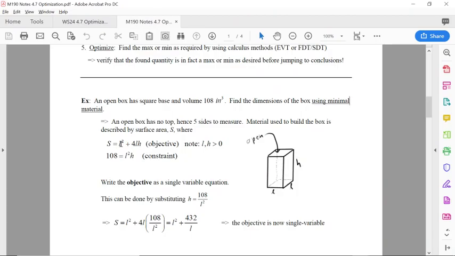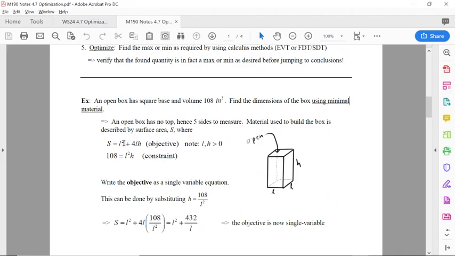So if we had a different cost for the base as we did for the walls or the sides, then we could construct a cost function based off of our surface area function. And that cost function would take whatever the base's area is, L squared is the area of the base, and multiply that by the cost of the base per square unit of area. In this case, the dimensions are all going to be in inches, because the volume is in inches cubed.